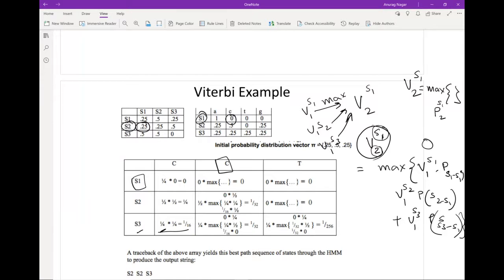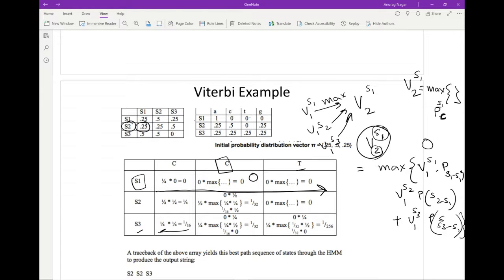At time 2, you are in an observable C. So the probability of observing C in state S1 is 0, so this term will be 0. The third term also, if you notice carefully, T and S1 is 0. So this whole row will be 0.